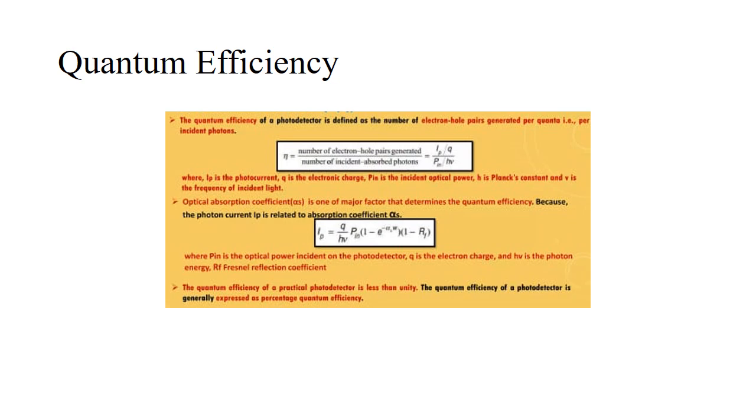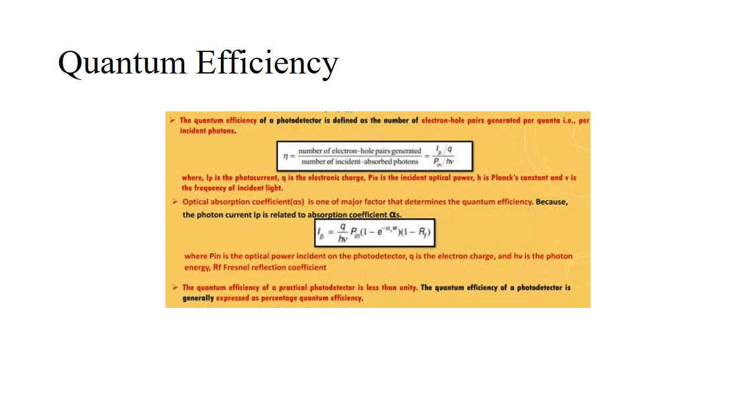If we find alpha, the optical absorption coefficient, we can write the equation as IP is equal to q divided by h nu, P_in into (1 minus e power minus alpha W) into (1 minus RF).